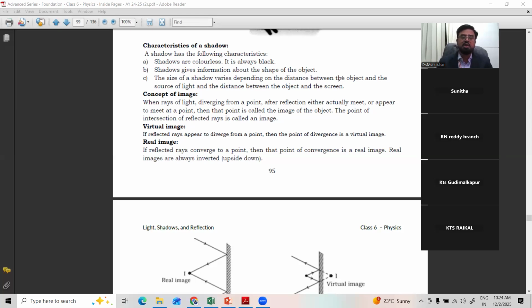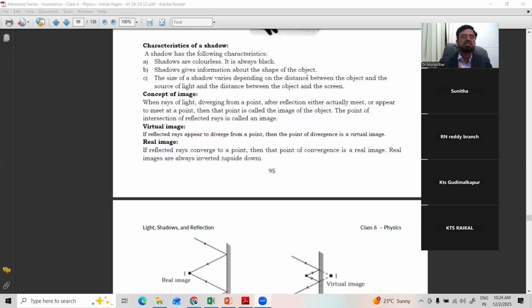Okay, so this is about the shadow. Shadow is a darkness of an object formed when an opaque object obstructs the path of light. Minimum three basic things are required for formation of shadow: one is a source of light, one is an opaque object, third one is a screen.